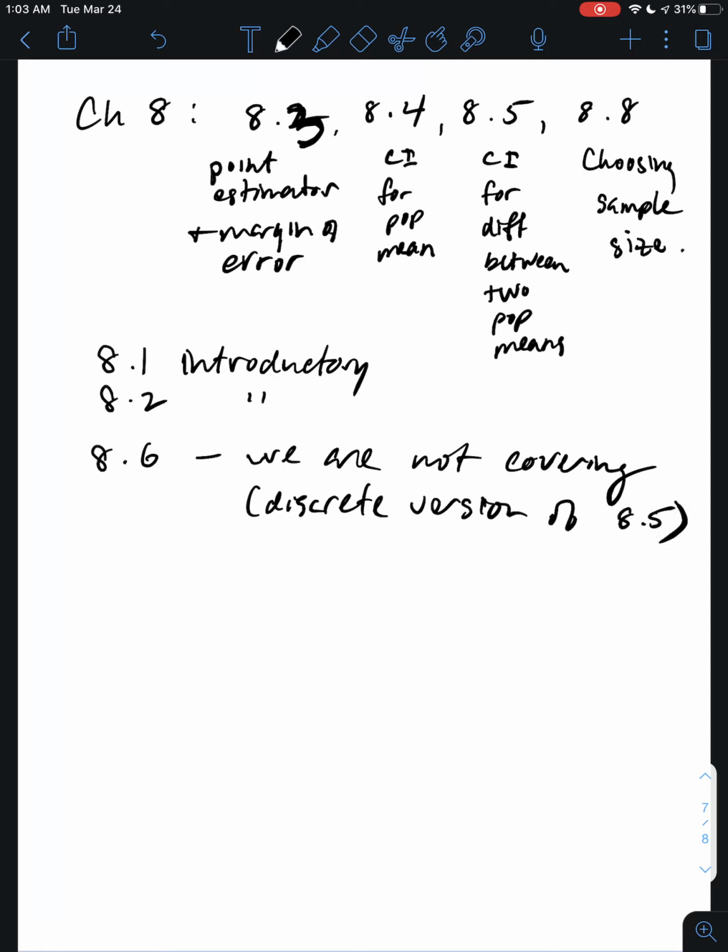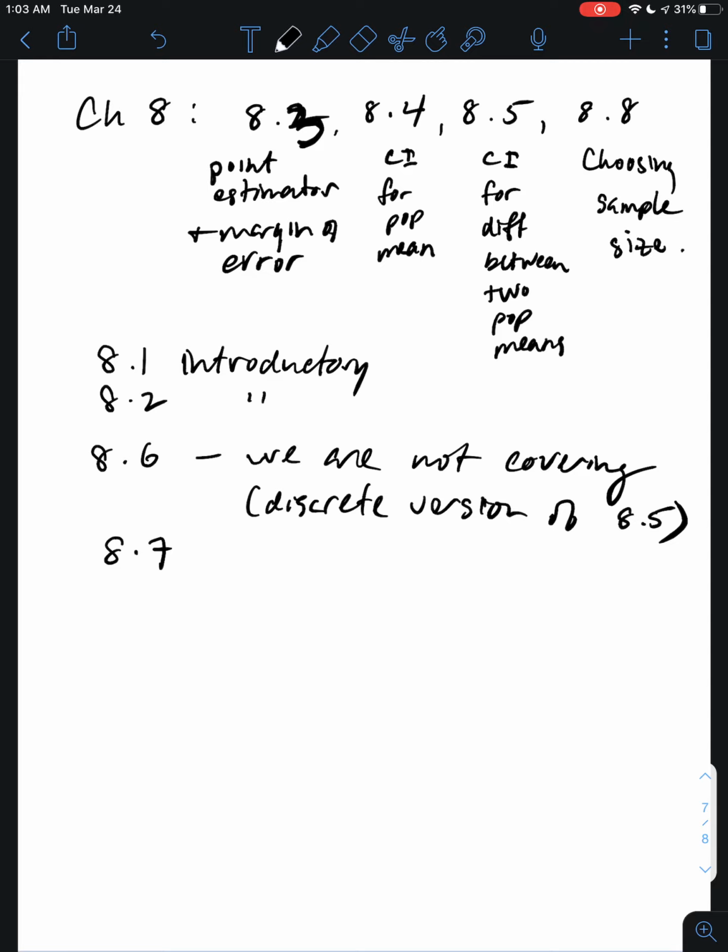And that's unfortunate, but some items had to be taken out of this part of the course in order for us to add in chapter 11, which is really important. So we took out 8.6. It's really very similar to 8.5, so it's kind of a shame that we had to drop it, but we just dropped it for time. So we're not covering that topic in this course.